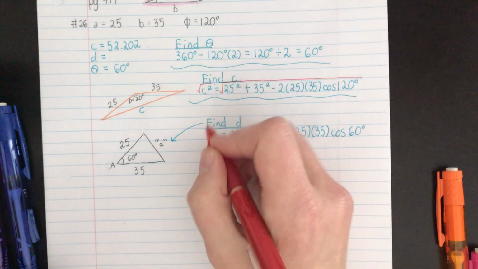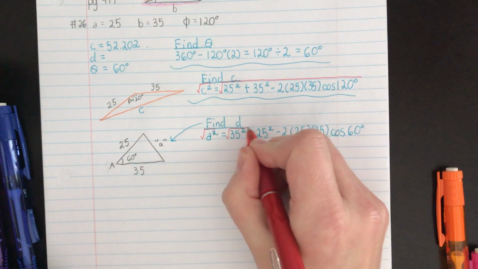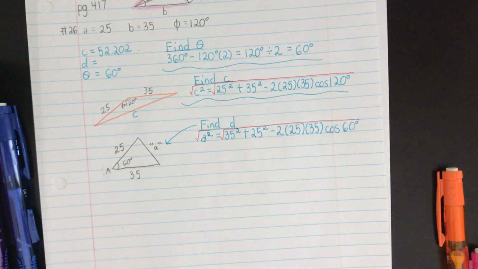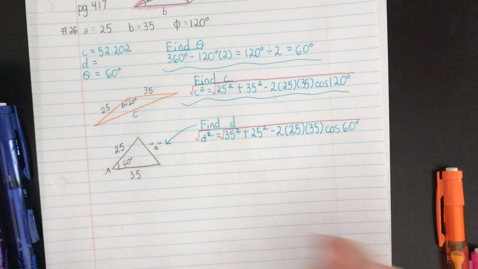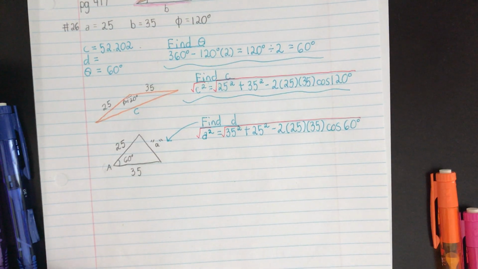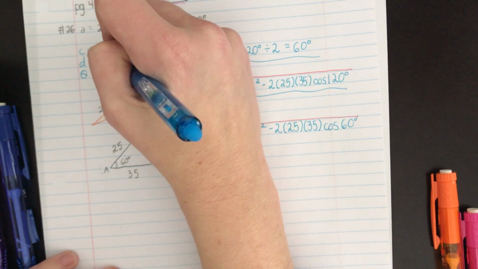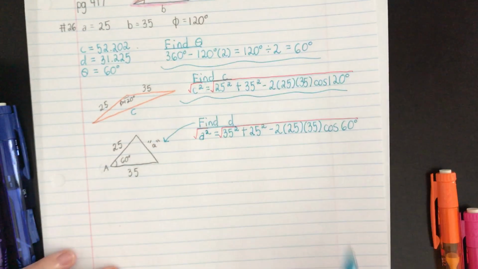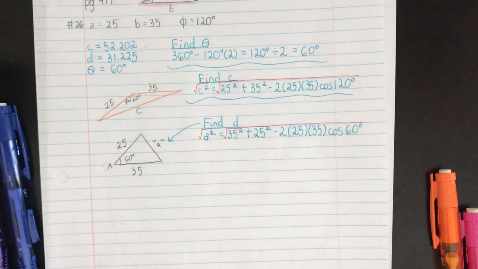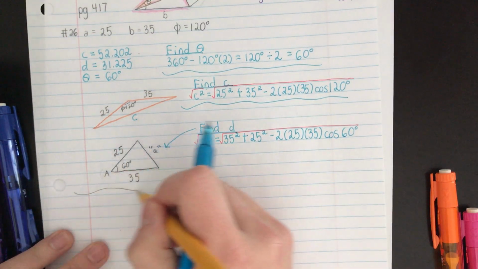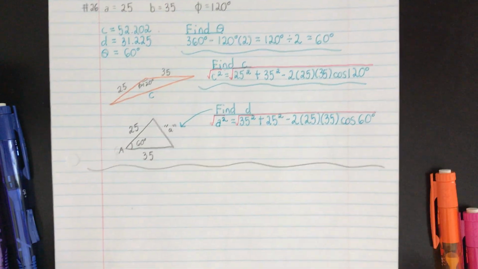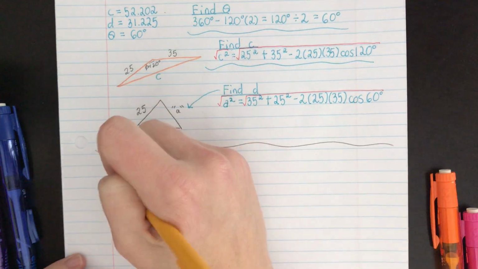And then of course you're going to square root, and you're going to get that quote unquote A, which is really D, is 31.225 units.